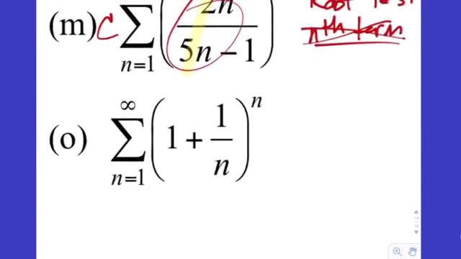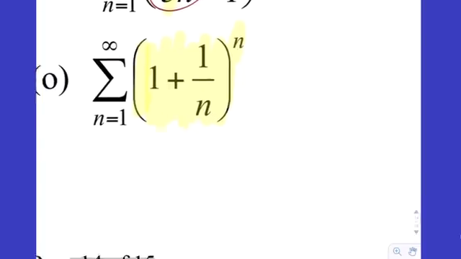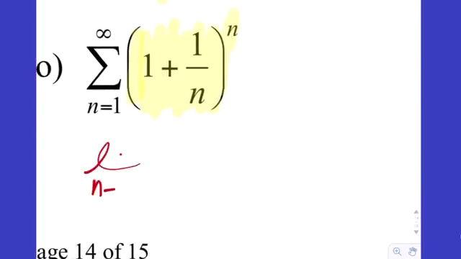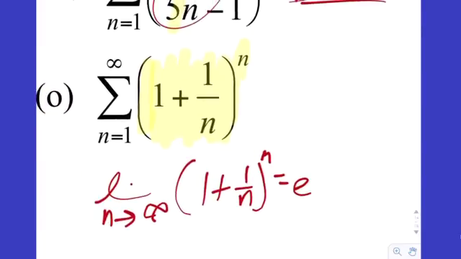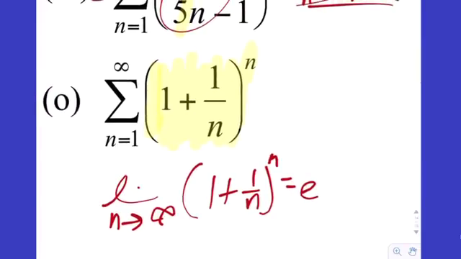All right, how about this one? This is one that you might want to just commit to memory. The limit as n goes to infinity of the quantity 1 plus 1 over n to the n is what? e. Yeah, that's a pretty famous thing. But that means the series does what?